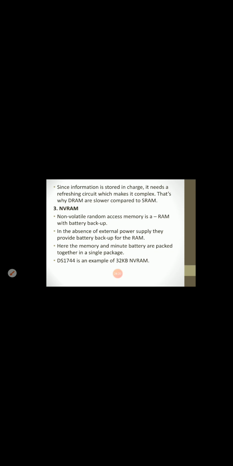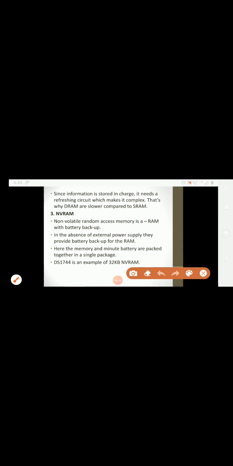And since the information is stored in the form of charge, it needs a refreshing circuit. I have mentioned this while explaining module 1, that is hardware, in the hardware part of the embedded system, while explaining the memory part. Maybe I have mentioned this one also, the refreshing circuit.